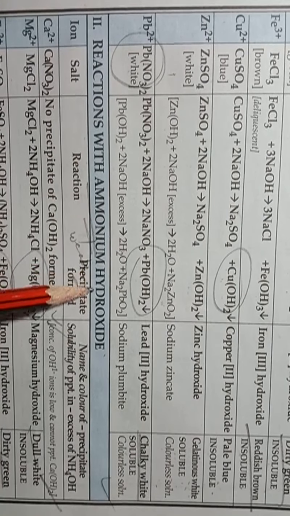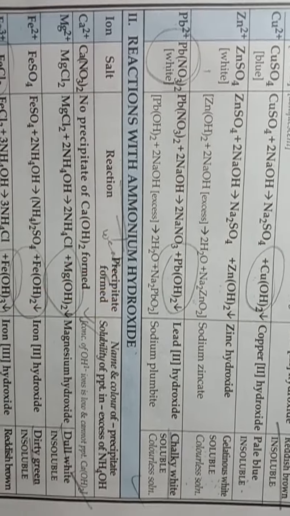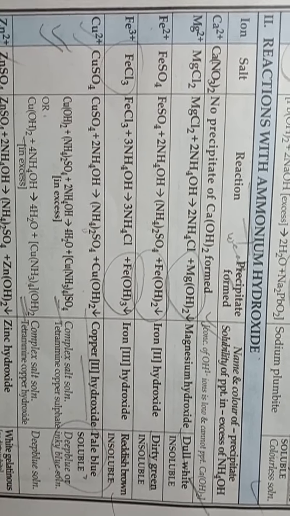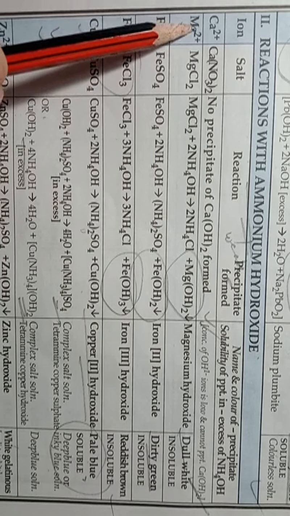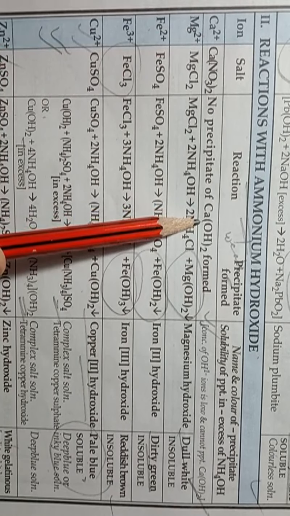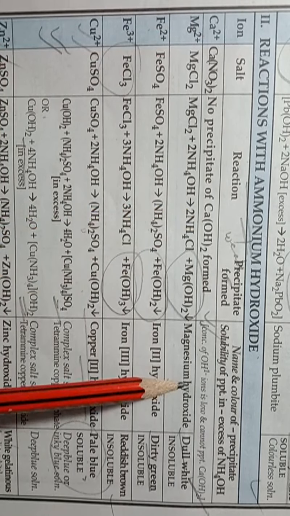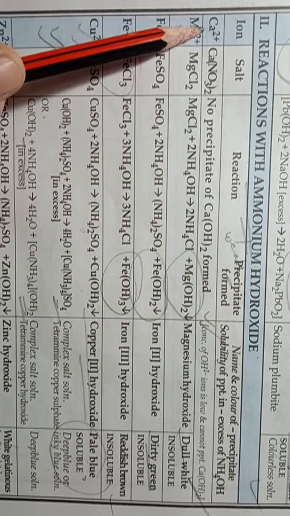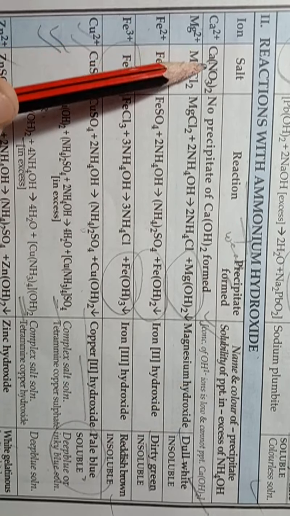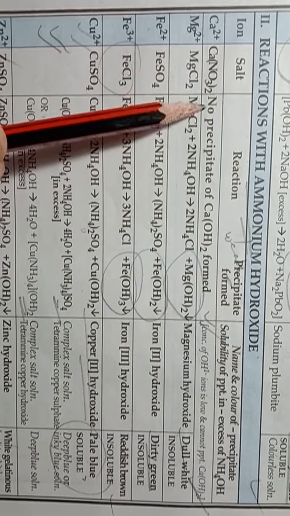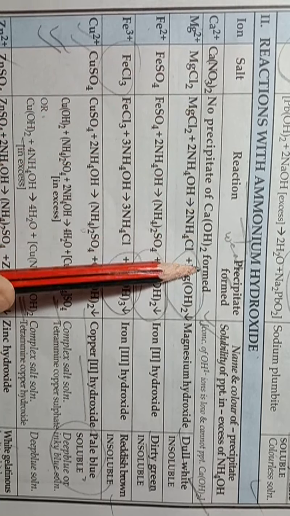Then second part, reactions with ammonium hydroxide. Ammonium hydroxide reacts with the same salts of the metallic ions, forming hydroxides, and then we test their dissolution in excess of ammonium hydroxide. Okay, students. In the first case, calcium ions in the form of calcium nitrate, when reacting with ammonium hydroxide, no precipitate of calcium hydroxide is formed.